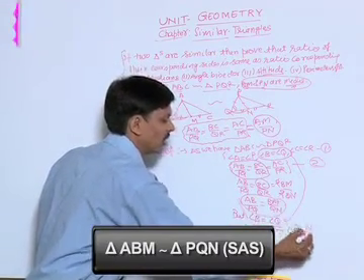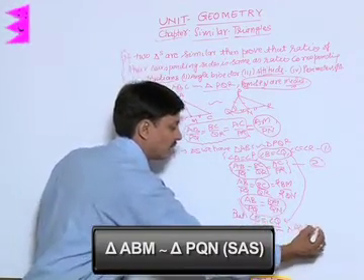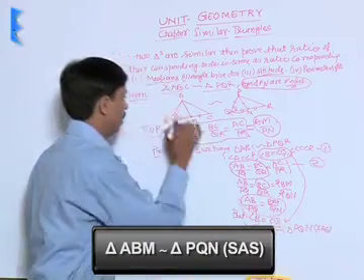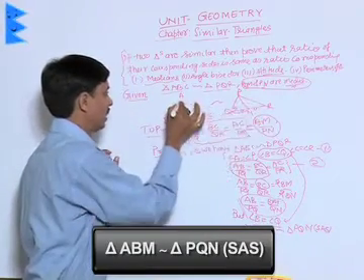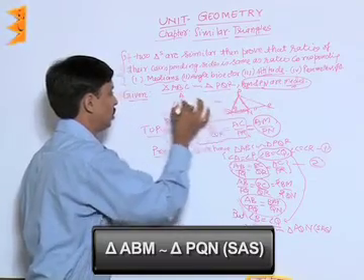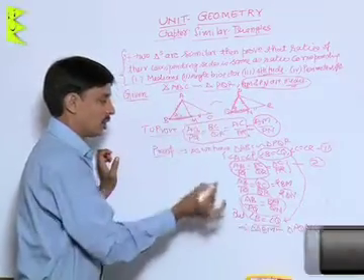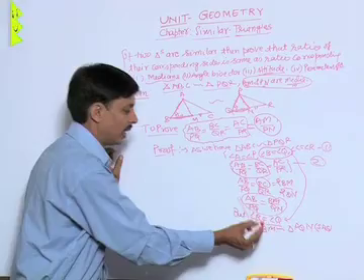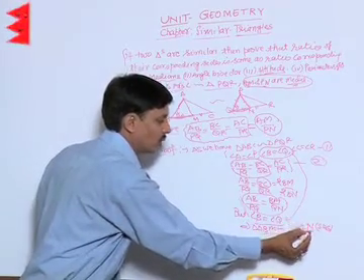By which condition? SAS, because one of the angles is the same and the sides of these equal angles are in the same ratio for these small triangles. So ABM is similar to PQN.